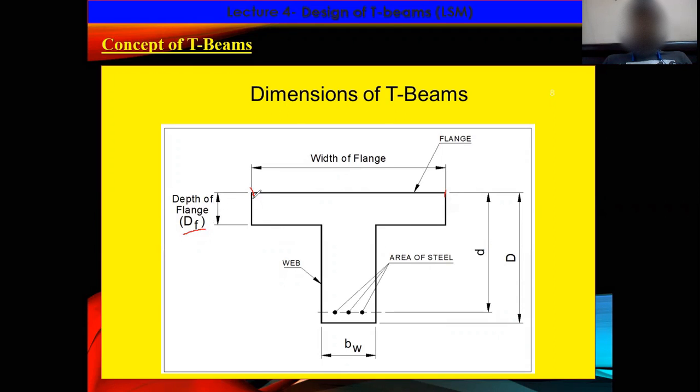This overall, including slab thickness from here to here, we call capital D, overall depth of the beam. And d is the distance from the extreme compression fiber to the center of the tension reinforcement, that is effective depth, and this is the area of steel. So these are the component parts of the T section.